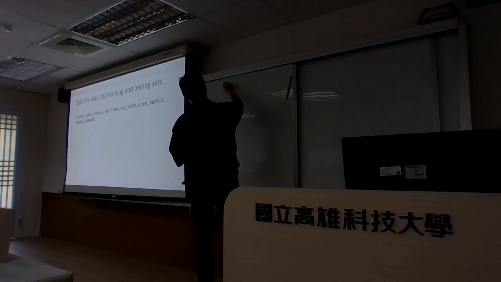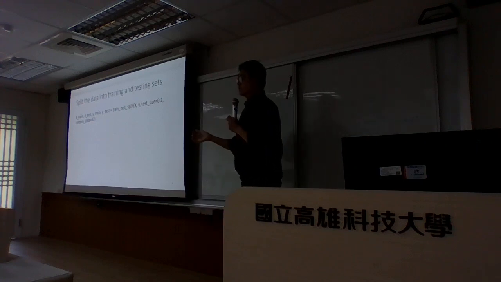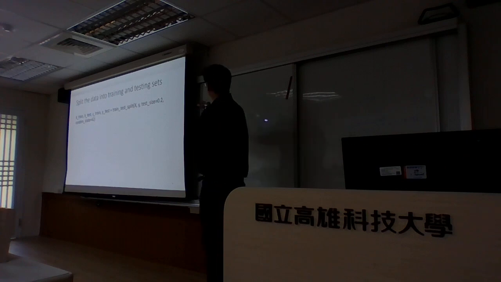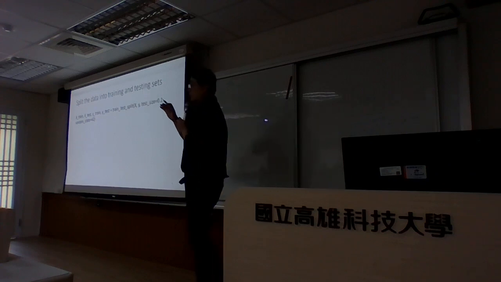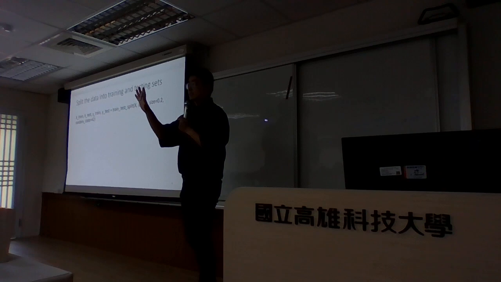K-fold means we divide the data into K sets. For example, usually, but not necessarily all the same, we sometimes use 5-fold cross validation. That means we are doing 5 experiments.